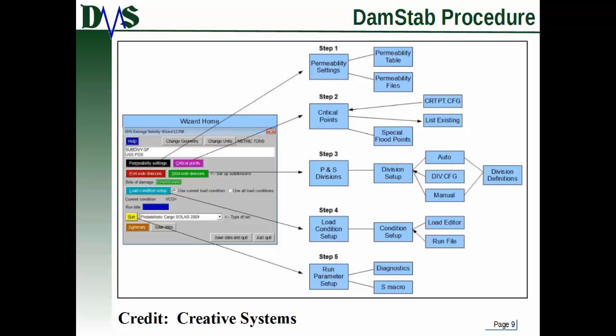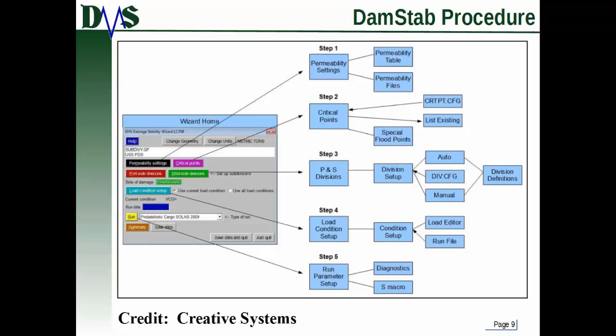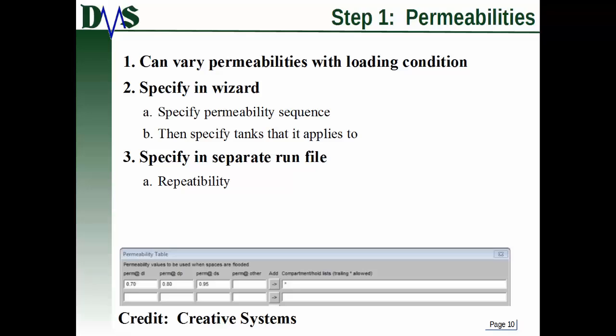Now the people at Creative Systems have actually provided this really wonderful flowchart, so I give them credit for that, and it's so good that I'm borrowing it to show the process here. So step 1 is you're going to calculate your permeability settings. You click this button right here, the permeability settings, and that gets you to this window here.